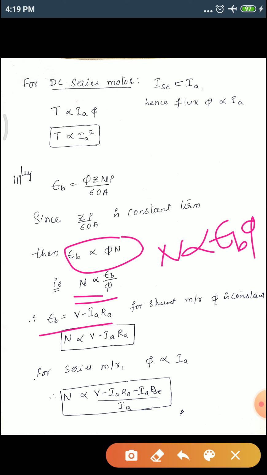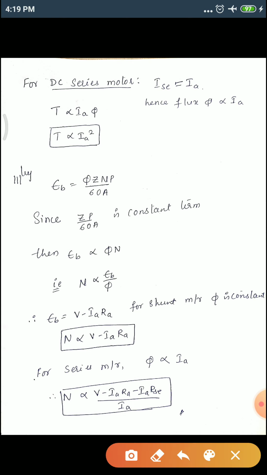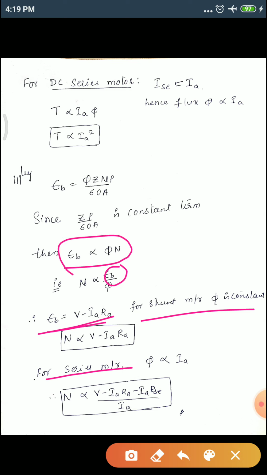Now we will see what the back EMF is for the shunt motor. These are all general formulas. Now we'll be very specific about the shunt motor and the series motor. The EB for a shunt motor is V minus Ia Ra. As we said, EB is proportional to phi into N, and in a shunt motor phi is constant.